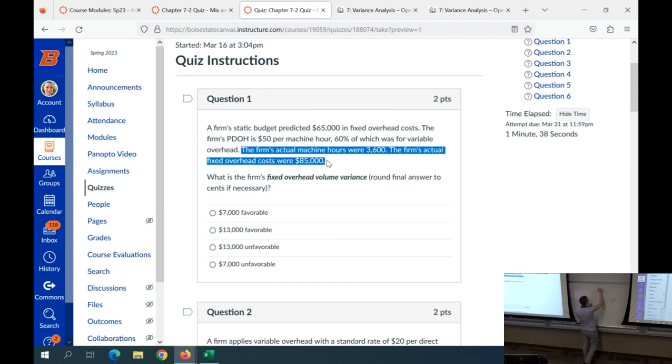Fixed overhead spending variance is just going to be 85,000 minus 65,000. But I'm not asking for that. Unfortunately, I'm asking for the volume variance, fixed overhead volume variance. And so you need to know 65,000 minus some number here. So let's build up that number.